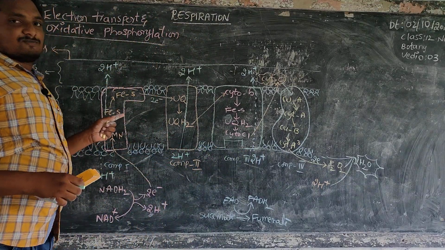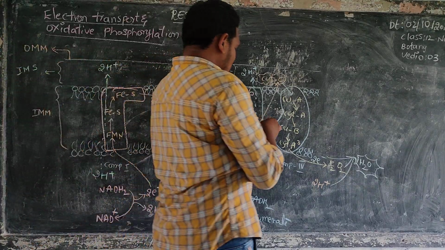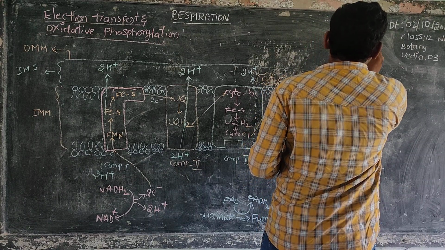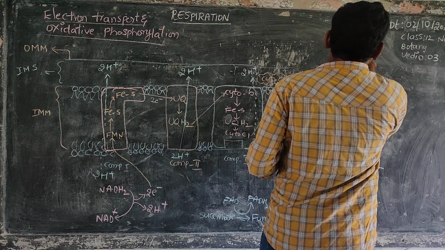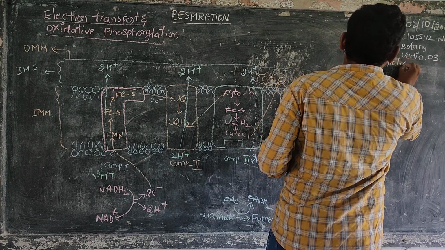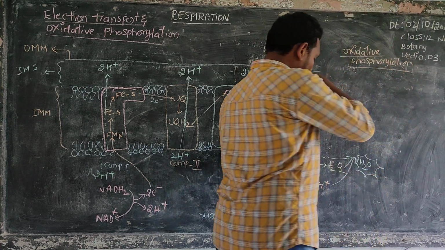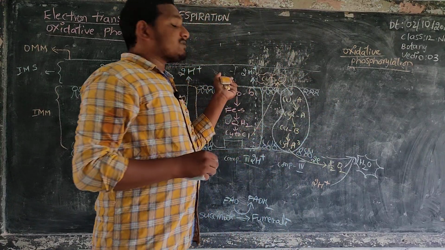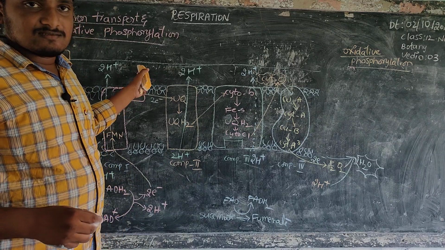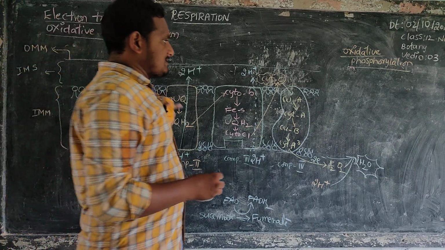So that is the electron transport chain we have observed. Next, oxidative phosphorylation. Here protons are accumulated in the intermembrane space.